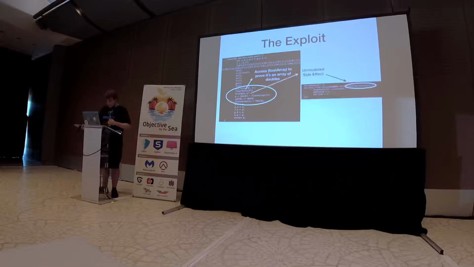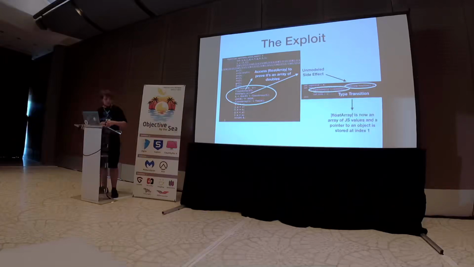And afterwards, once we run our string constructor node, we perform an unmodeled side effect. Our side effect here actually changes the float array's member at index 1 into a JavaScript object pointer. And this actually does a type conversion from the array of doubles into an array of JavaScript values.